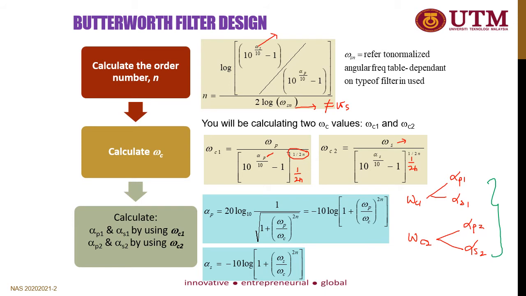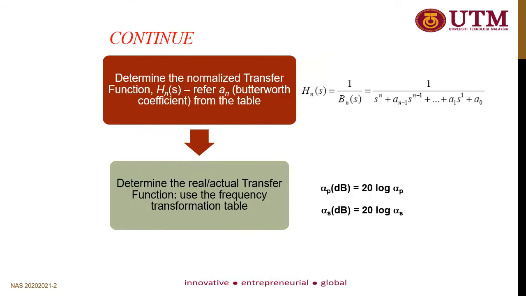Once you have n, the filter order number, you can write the mathematical expression of the normalized transfer function. H n(s) represents the normalized transfer function, and then you can write the real or actual transfer function given by H(s).